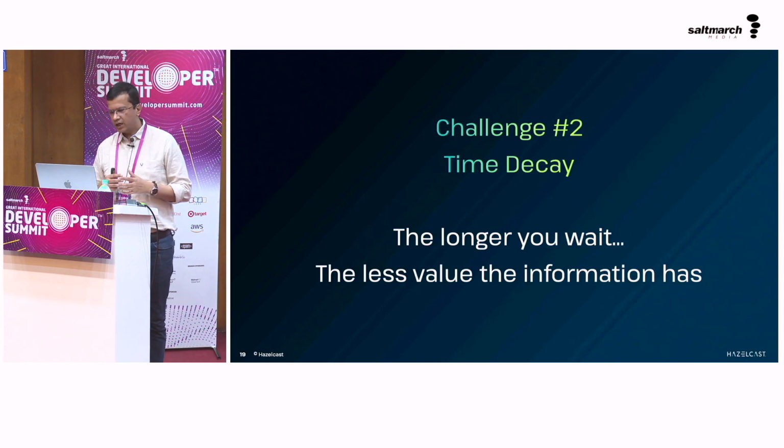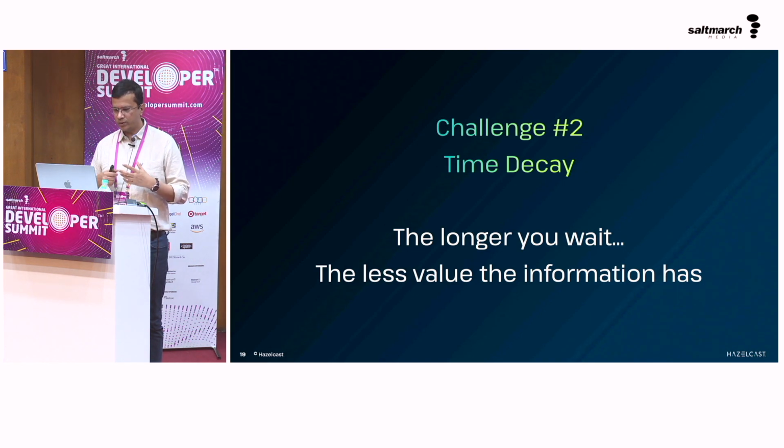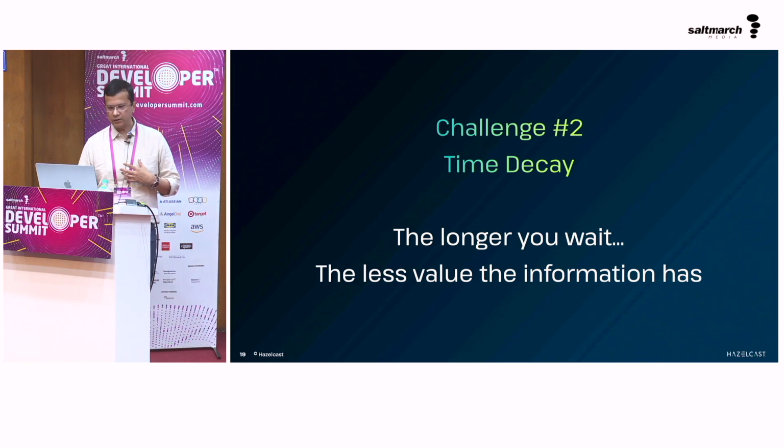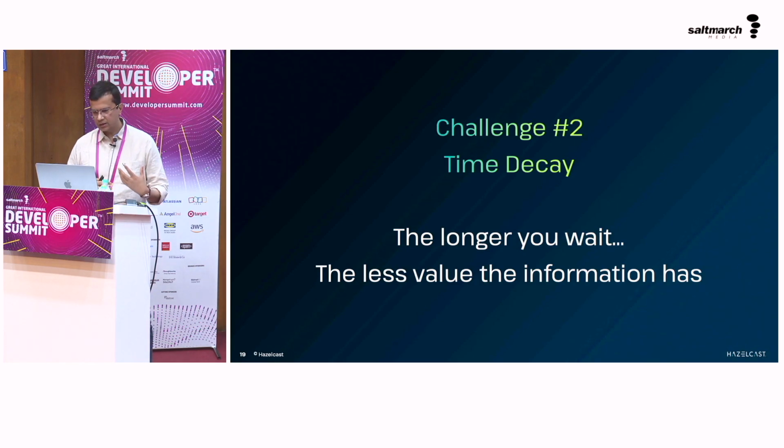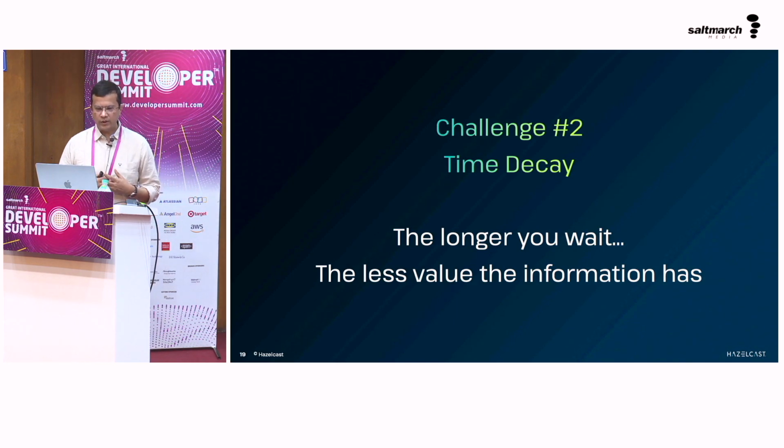And then time decay. We don't want that data to be held and queried later, just because we are unable to formulate certain queries which are based on some structure that is not available, or do not have the ability to query in real time, right? So time decay is an important bit.